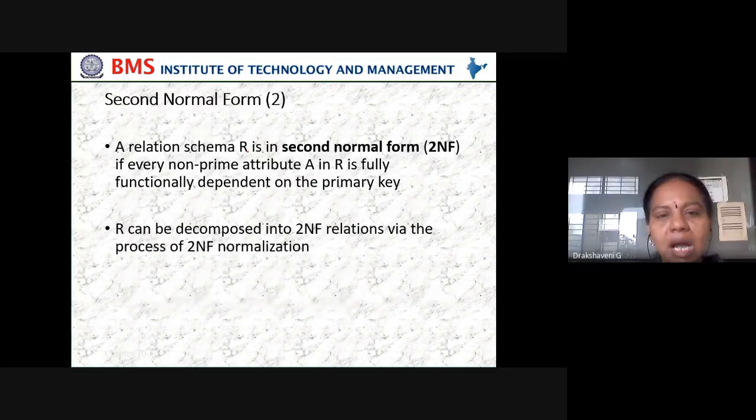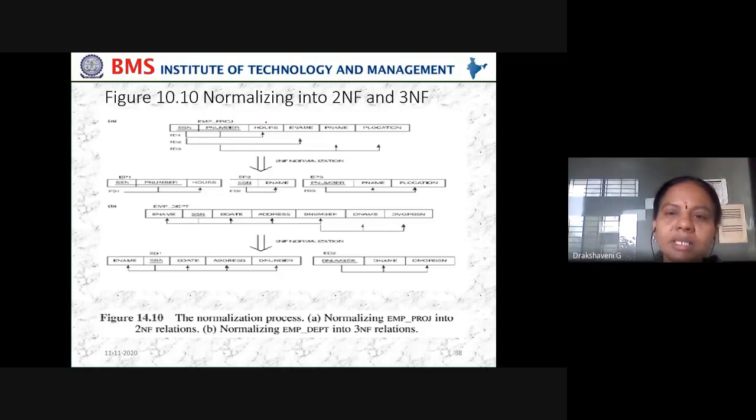A relation schema R is in second normal form if every non-prime attribute A in R is fully functionally dependent on the primary key. So R can be decomposed into 2NF relations via the process of normalization. So let us see how we can do this. In this case, employee and project, divide that into 3 tables.